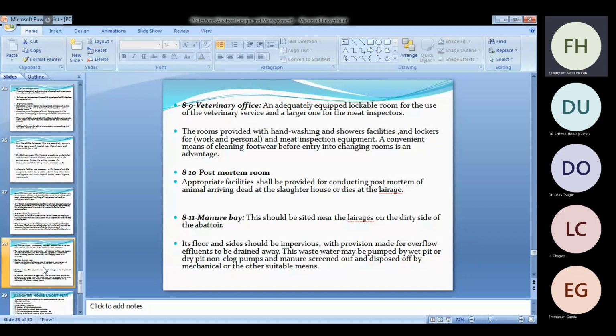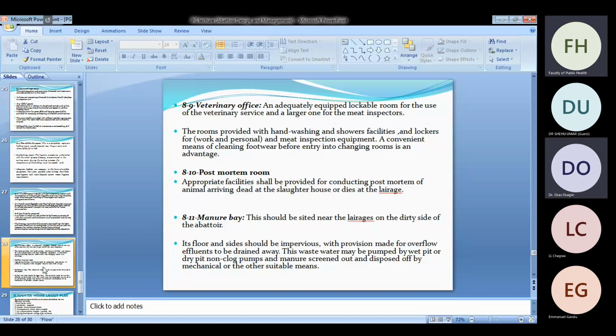This place is always provided whereby the manure or the waste is dumped, so that it can easily be taken away or removed. It is sited near the lairage because this is the dirty side of the abattoir.